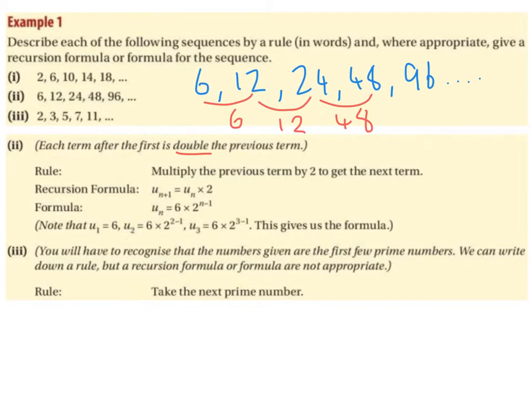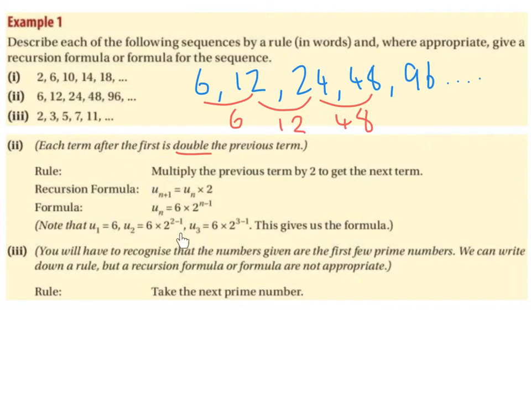U2, or term 2, would be 6 times 2 to the power of 2 minus 1. 2 minus 1 is 1, and 2 to the power of 1 is just 2, and 6 times 2 is 12. And that is indeed the second term. Third term, U3, is going to be 6 times 2 to the power of 3 minus 1. 3 minus 1 is 2, 2 squared is 4, and 6 times 4 is 24, and that is indeed the third term.